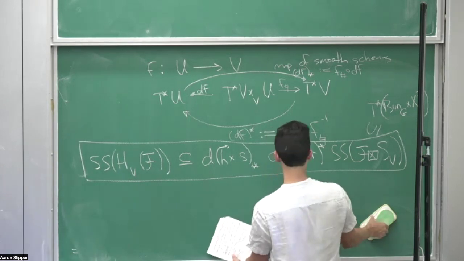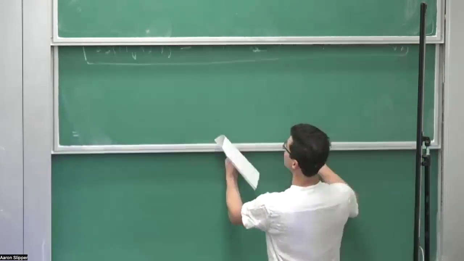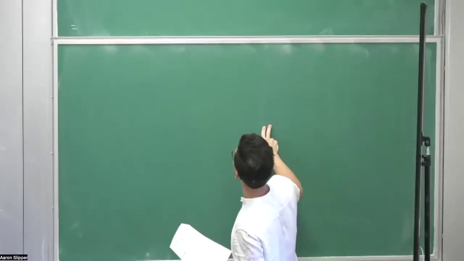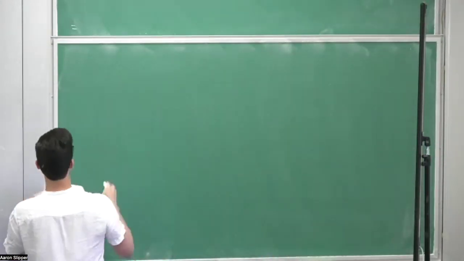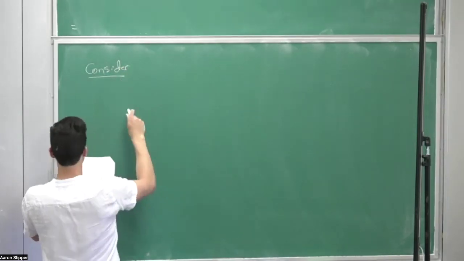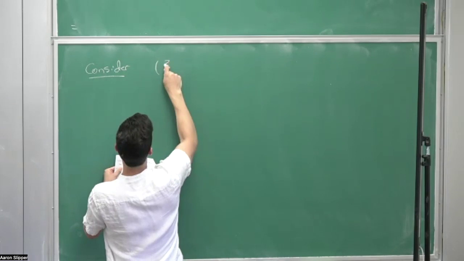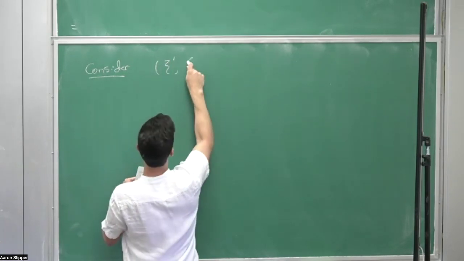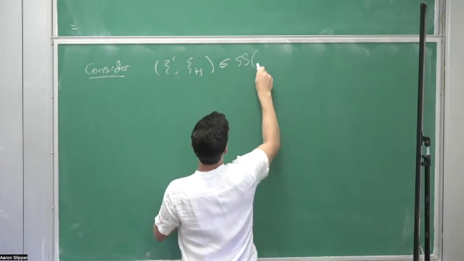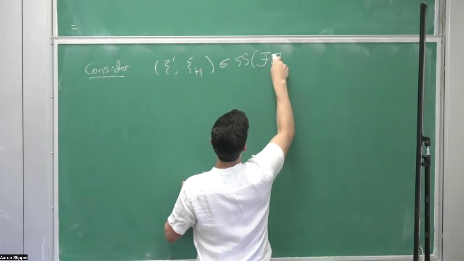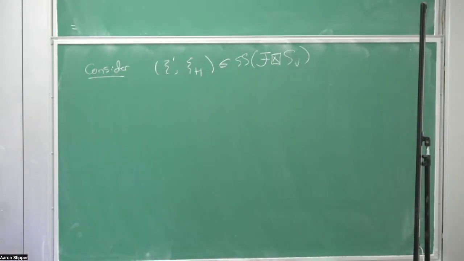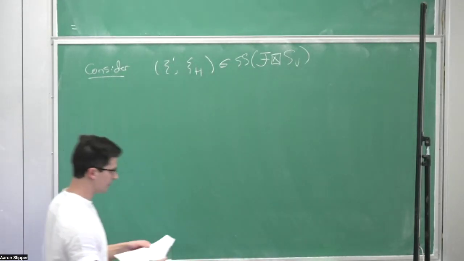So let me spell out in symbols the statement we wish to show. So consider a pair of covectors inside the singular support of this sheaf on BunG twisted by Satake.